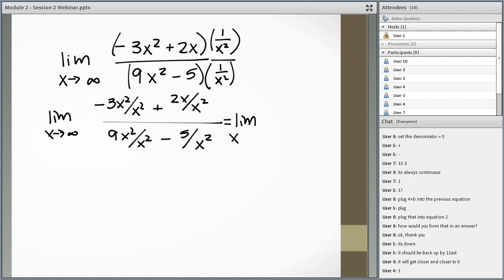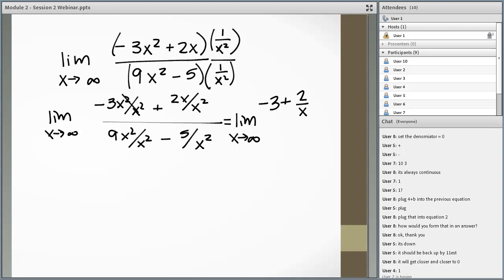So let me simplify each of these terms now. The limit as x approaches infinity. Still there, we haven't taken the limit yet. In the first, the negative 3x squared over x squared, the x squareds cancel, so I have negative 3. What does the second term become? Two over x.